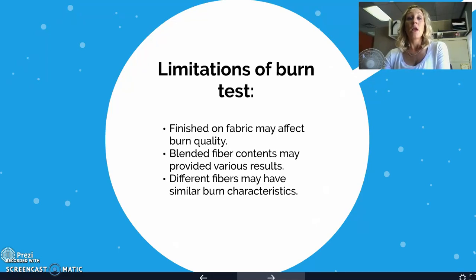A lot of your fabrics you're going to notice have a blend to them. Because it's a blended fabric, the blended fibers may have different results. If you have a cotton nylon blend, your results are going to combat one another. So just be prepared for that. It's going to happen.